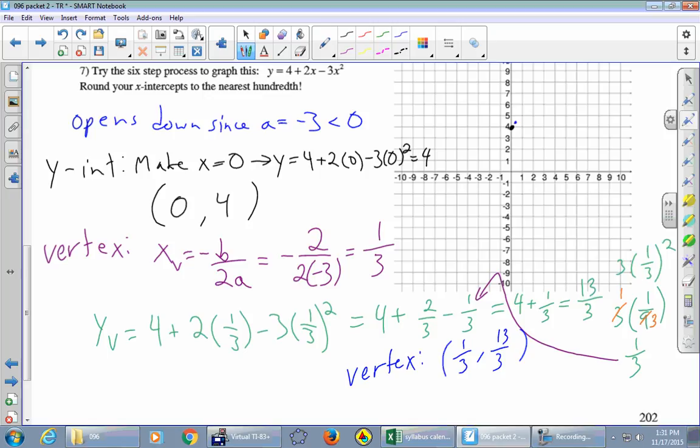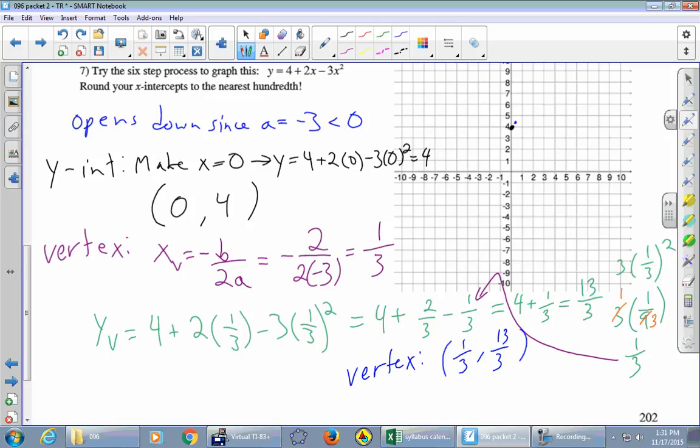Okay, so now, after we got the vertex, what's the next big piece of this puzzle? X-intercepts. We have not found the X-intercepts yet. Now here's the bad news and then good news. The bad news is today the X-intercepts could be quite messy.